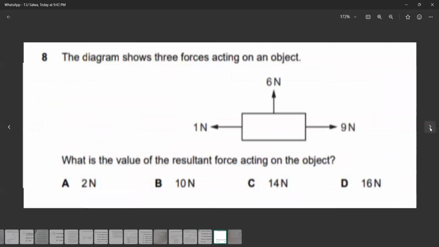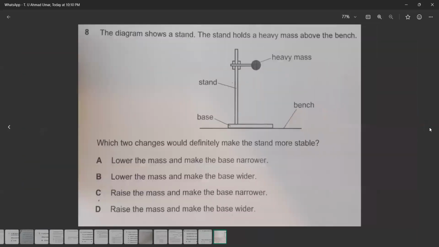This I already discussed. The diagram shows a stand. The stand holds a heavy mass above the bench. Which two changes would make it more stable? If we want to increase the stability, we should increase the base area and lower the center of mass.